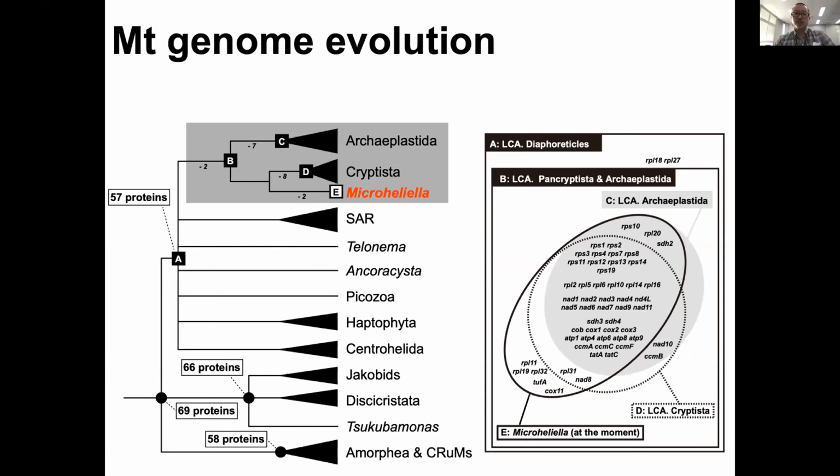Yeah, Jakobids, as you know, have more genes, but there is nothing special to compare between Jakobids and Microheliella. So your Microheliella is just a real subset of the Jakobids. You have no additional genes. No. No.